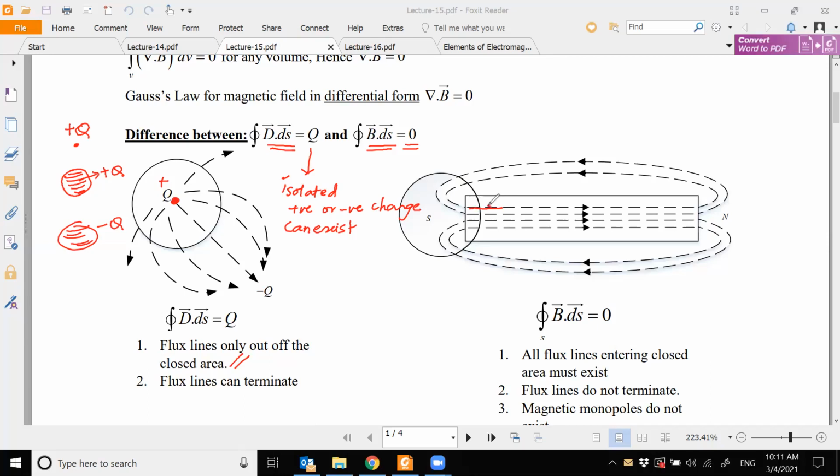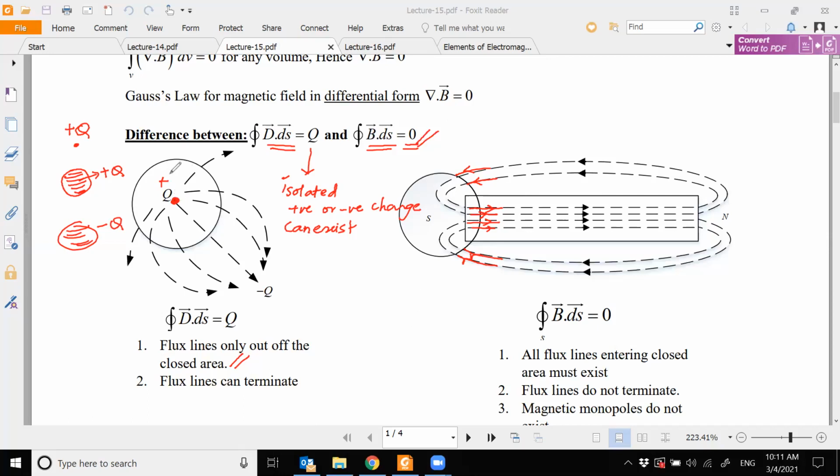Some flux lines are going out of my surface, and some flux lines are entering. So the net B bar dot dS bar, or the magnetic flux density entering this closed surface, which are these four lines, and leaving this surface, these four lines. So what is the net value? The net value is 0.